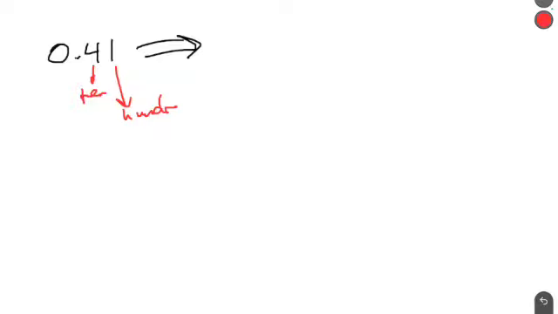So converting this into a fraction would be 41 over 100, because the number furthest to the right is in the hundredths place, and that dictates what we see as our denominator.